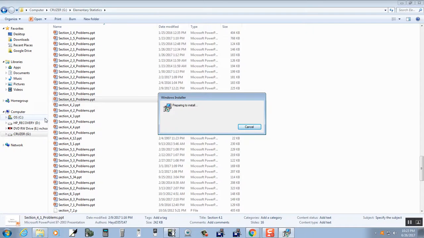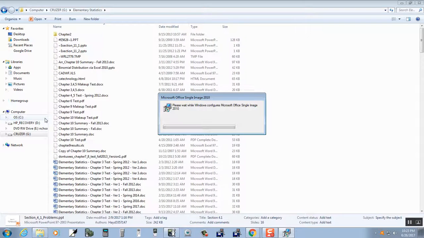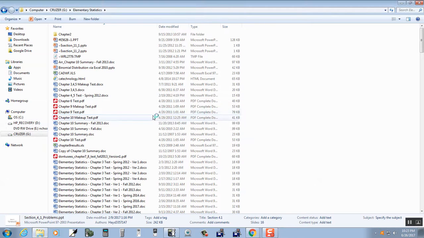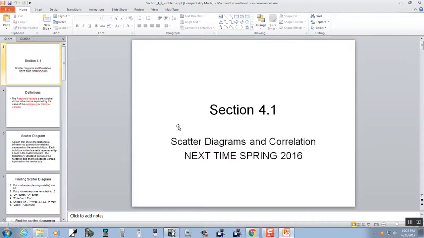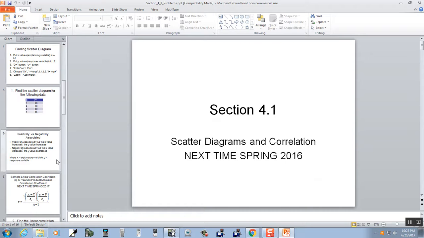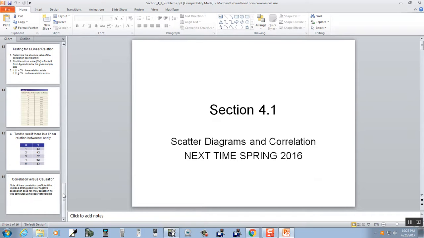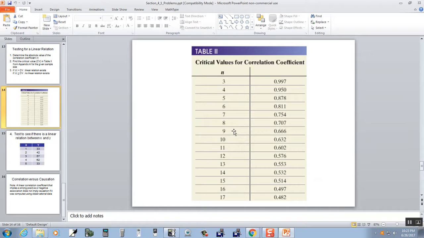There's a table in the back of the book, an appendix. Okay. Here's the table here. This allows us to look up our critical value.